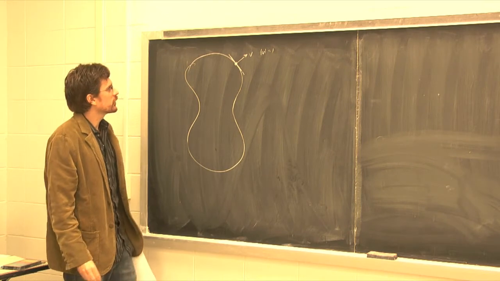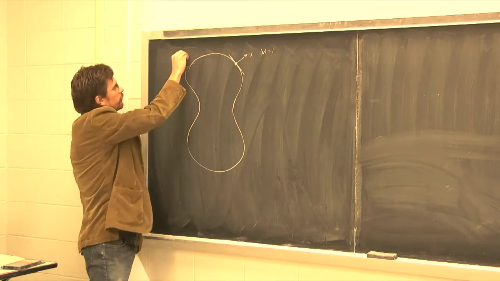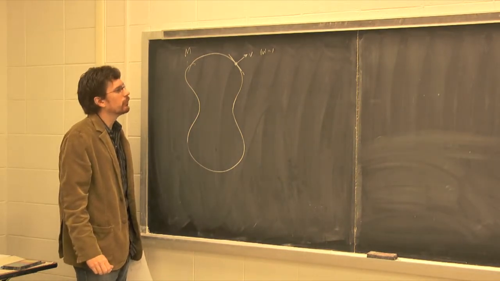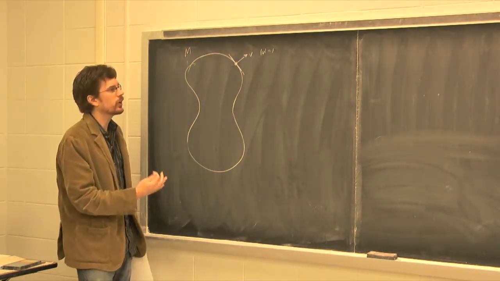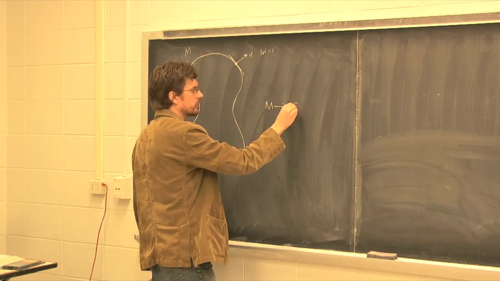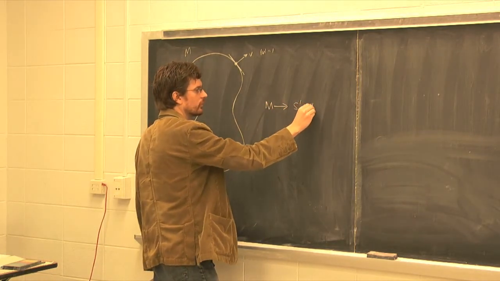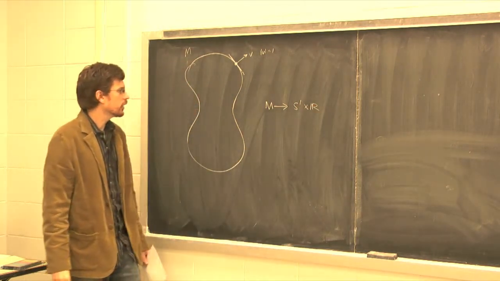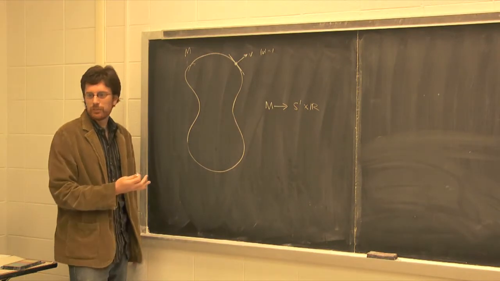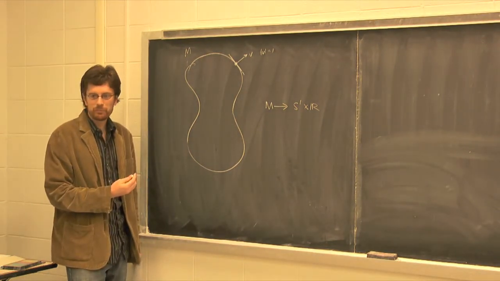And so we can actually get a map from M into our space of Morse functions across R. In this case, it's S1 across R. Does that make sense? I'm explaining myself well.